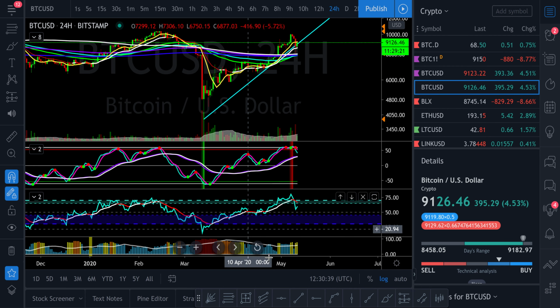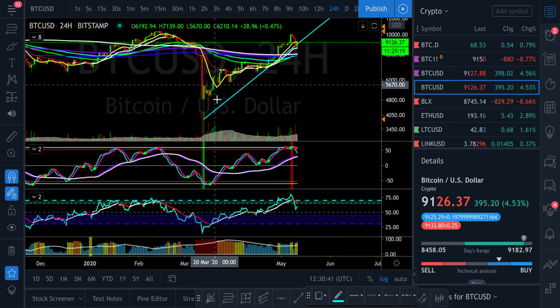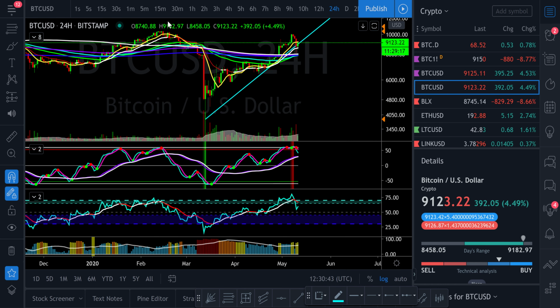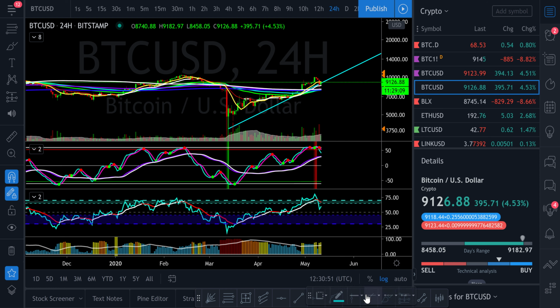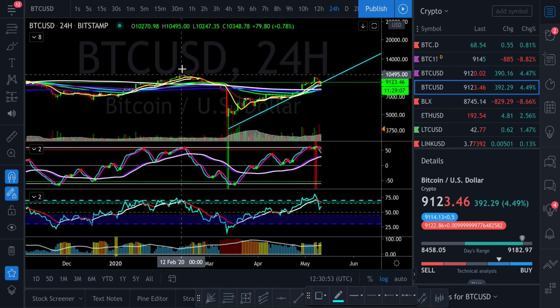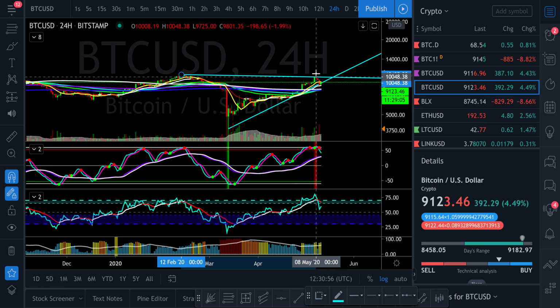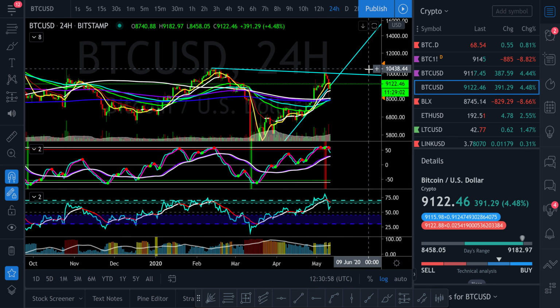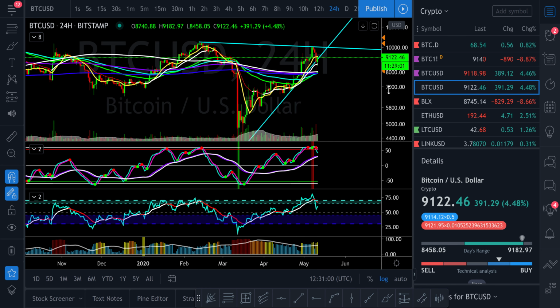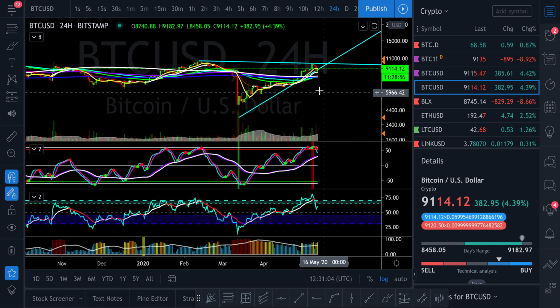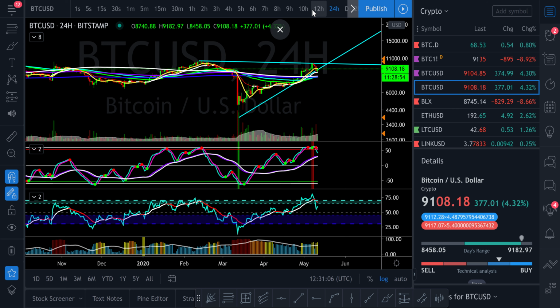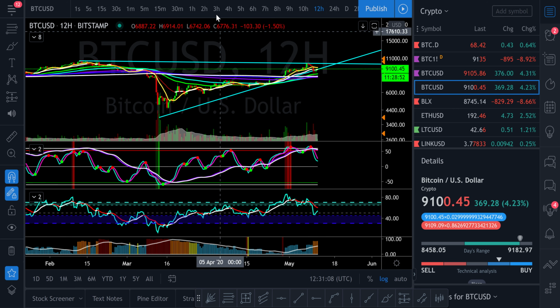It's not over yet until you get follow-through. But if this is the top, then you have a trend line coming down from here now. And if this pattern breaks down, the target would definitely be down to the 4K range. But I hope Bitcoin doesn't do that.